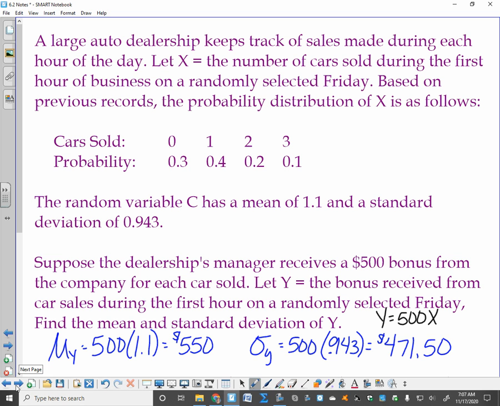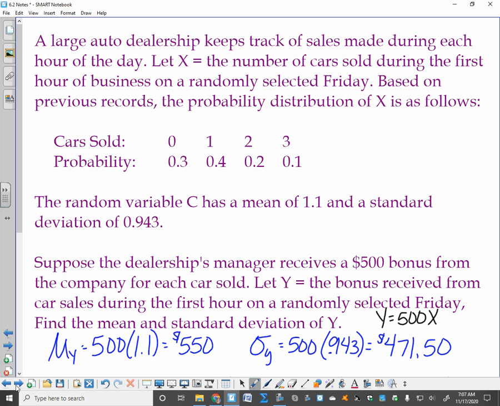A large auto dealership keeps track of sales made during each hour of the day. Let X equal the number of cars sold during the first hour of business on a randomly selected Friday.